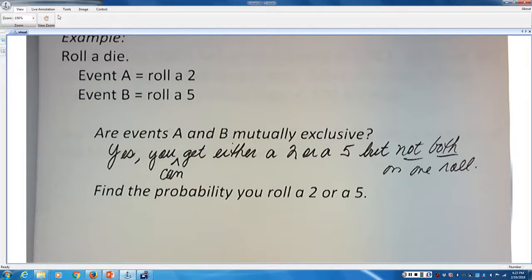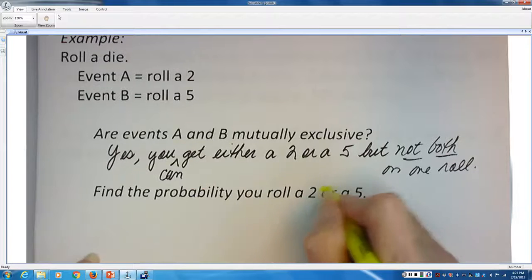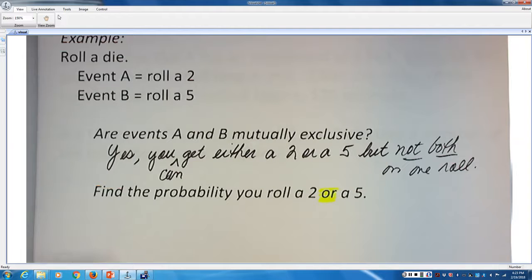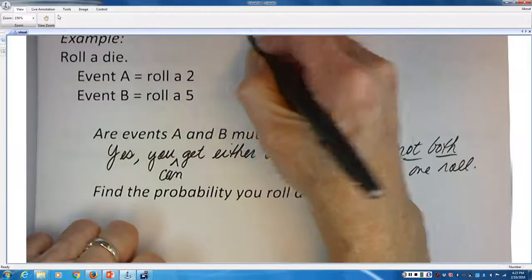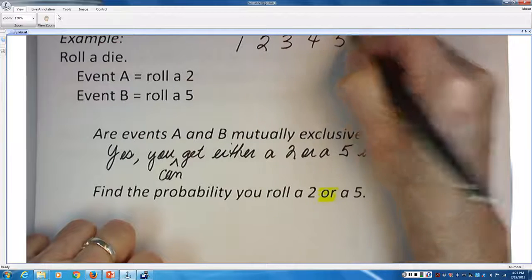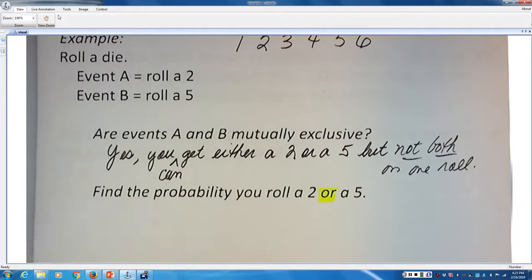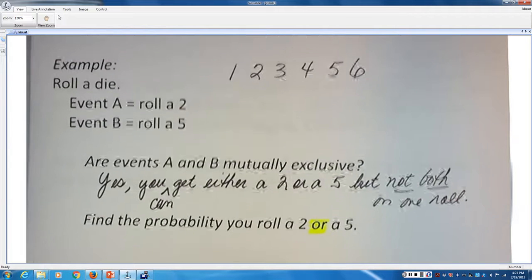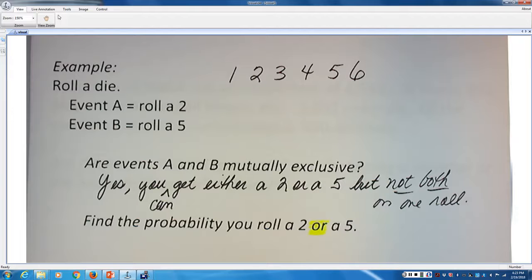And I want you to associate some words here. I want you to associate the word "or" with addition. Okay? And this should hopefully make sense when we think about it. Here's what could happen. We could roll a 1, a 2, a 3, a 4, a 5, or a 6. How many ways can we get a 2?